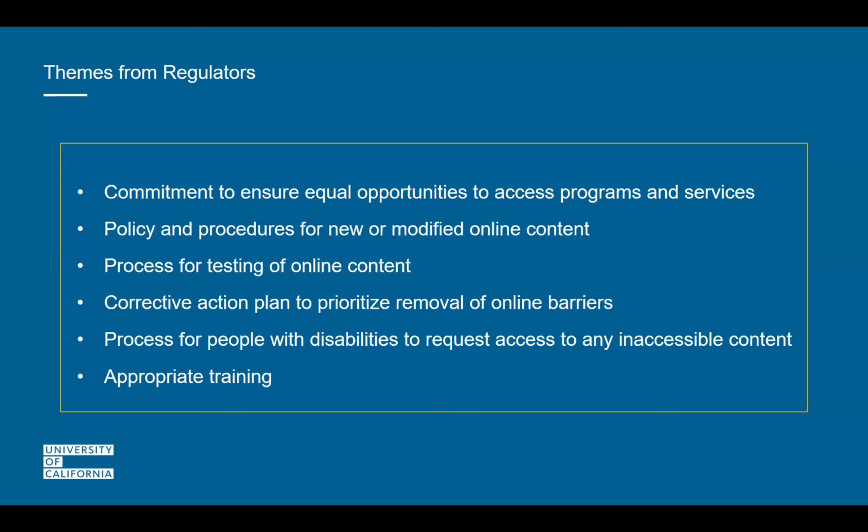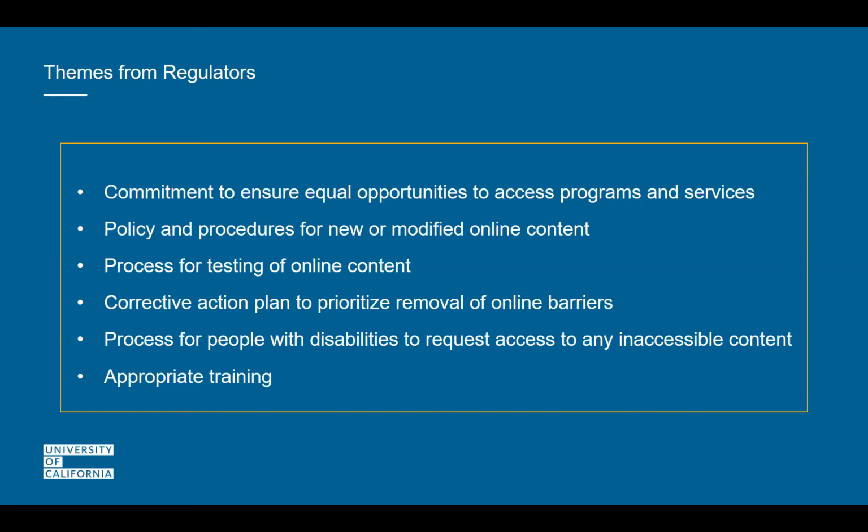So, this is of course quite general, but regulators really are interested in whether institutions are just going through the motions or whether they have a real commitment that they're putting resources behind. And if regulators do find online content that needs to be remediated, how those regulators respond may be influenced by their perception of the institution's commitment to accessibility.